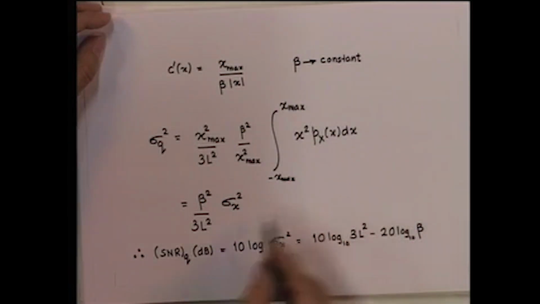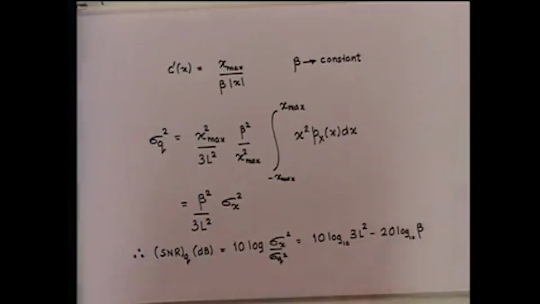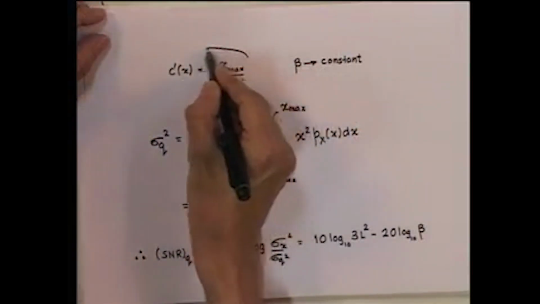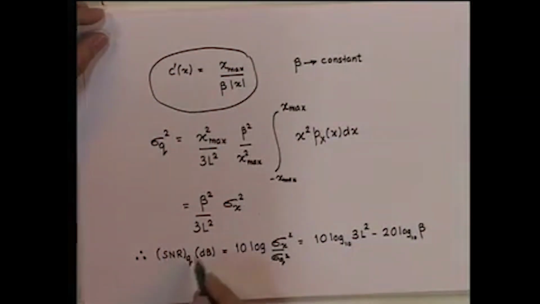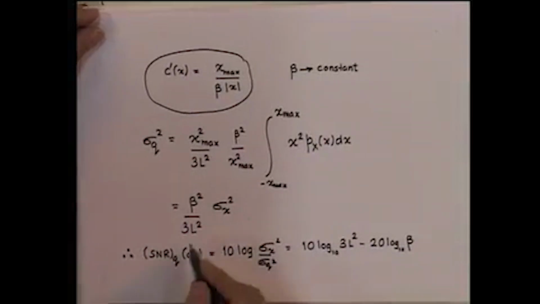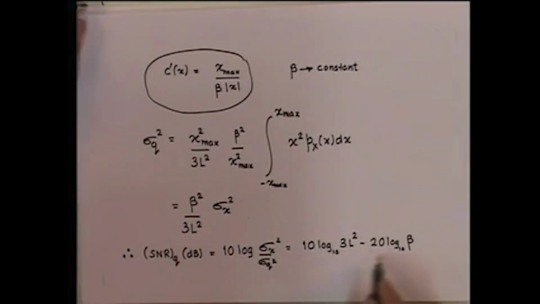And this expression shows that the signal to quantization noise ratio is independent of the input PDF. So, this implies that if we use a compressor characteristic which satisfies this relationship, then the signal to quantization noise ratio will remain constant regardless of the input variance.